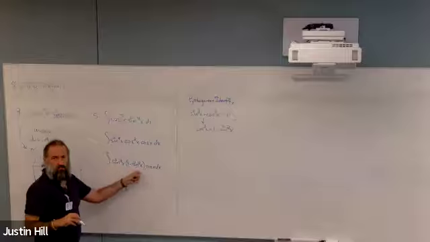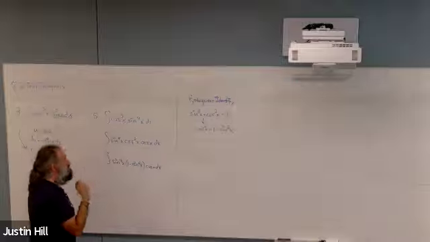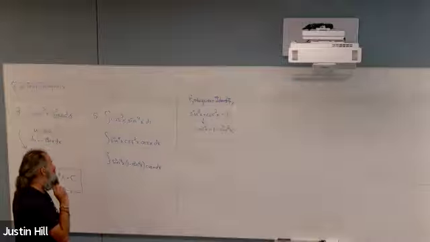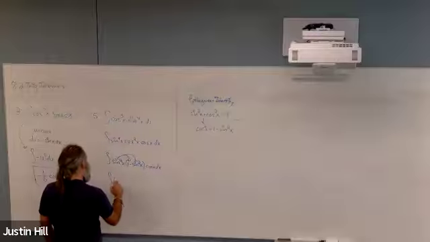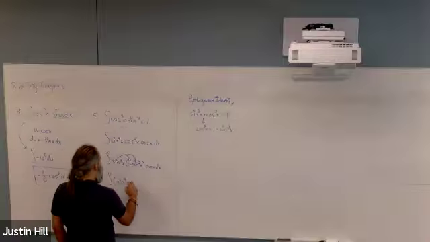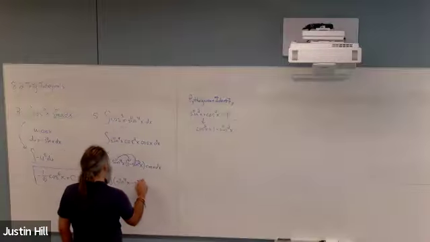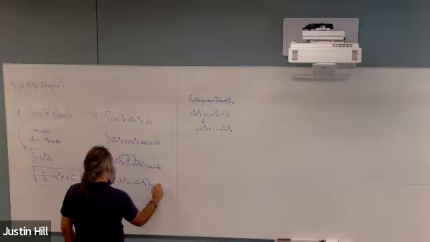But now I can distribute. Before, I can't multiply a sine and a cosine, let alone things to different powers. But now I can distribute. So I can multiply sine to the fourth there, sine to the fourth there. I end up with the integral of sine to the fourth x minus sine to the sixth x, cosine x dx.